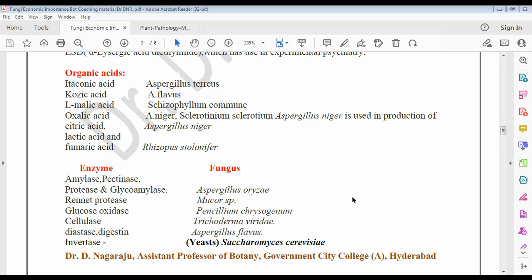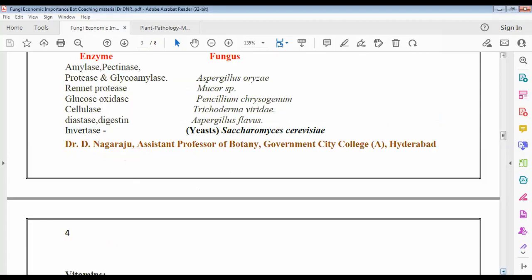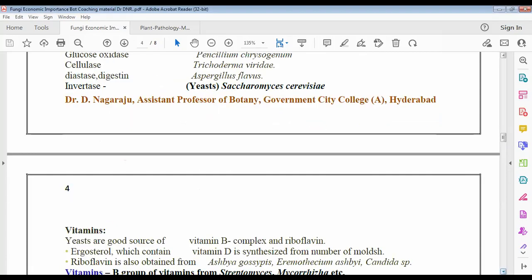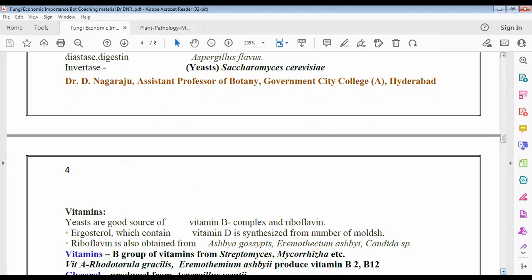Cellulase is a highly useful enzyme prepared from Trichoderma viride. And the invertase enzyme is prepared using the yeast Saccharomyces cerevisiae.